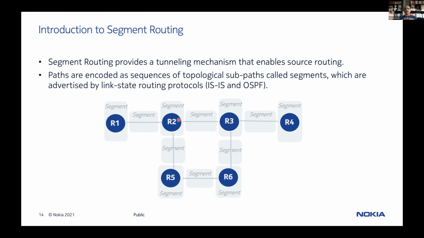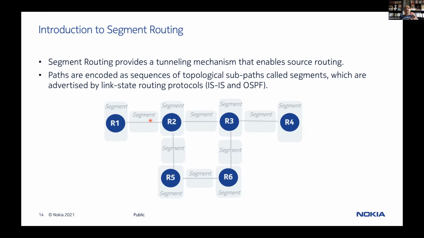Now, as I said, we encode the information of the segments in each packet. So for packets going from R1 to R4 that need to traverse a certain path, the routing information in terms of the segments that it's got to go through is encoded in every single packet.